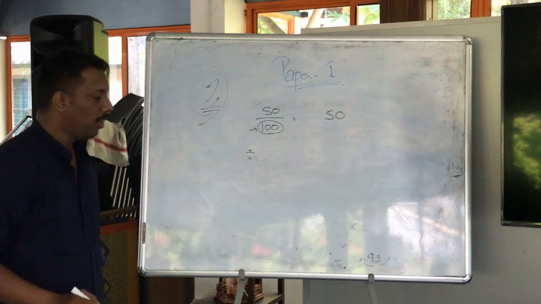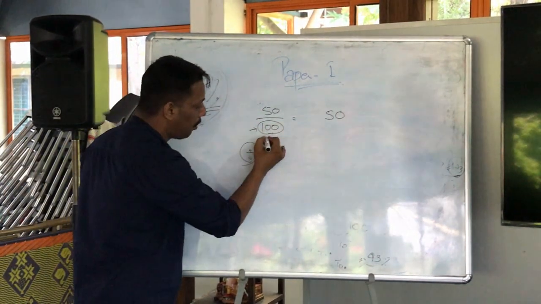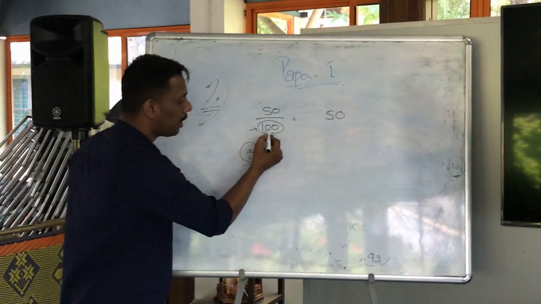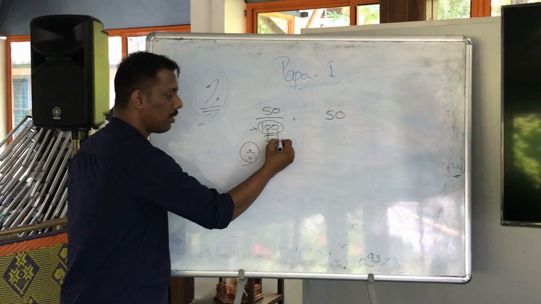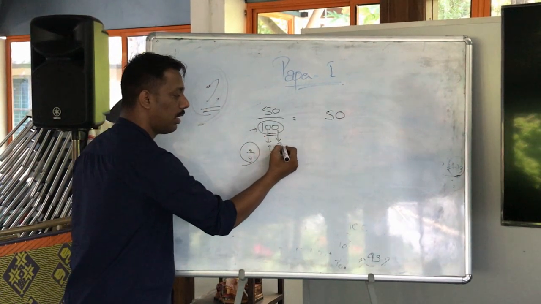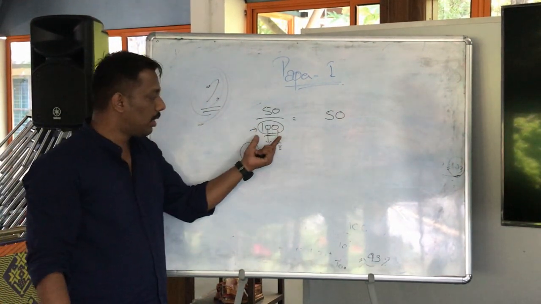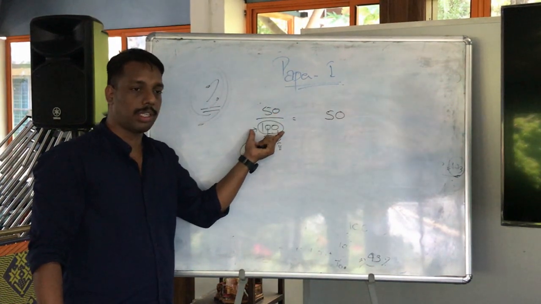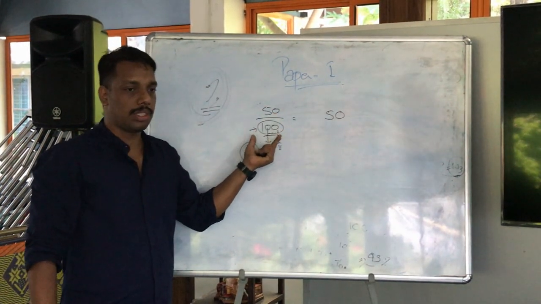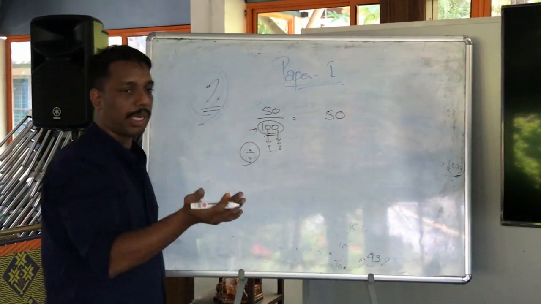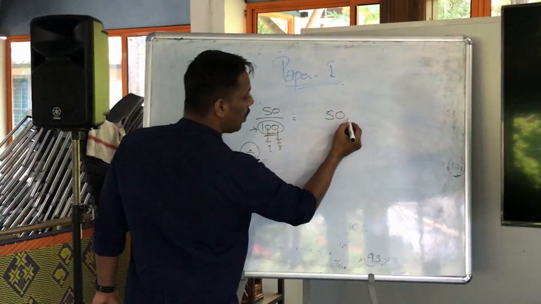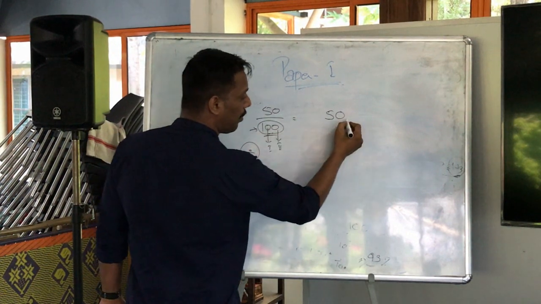For dividing by such a number, in 100, how many zeros are there? 2. First 0, second 0. So you will move the decimal point 2 places from right to left. 50 is nothing but 50.0.